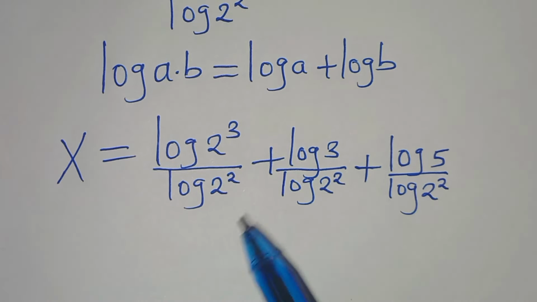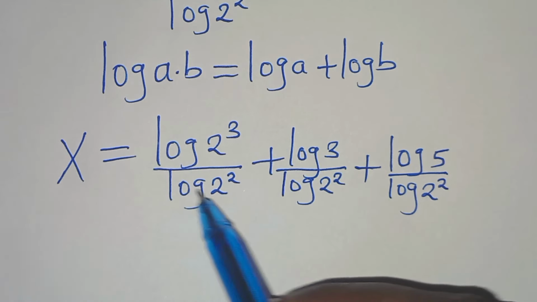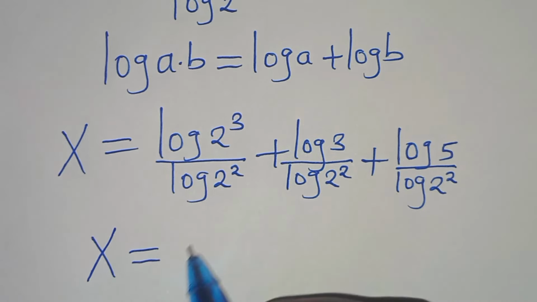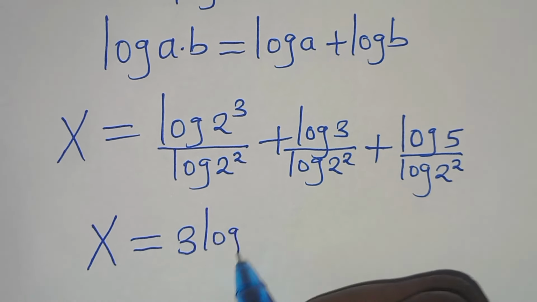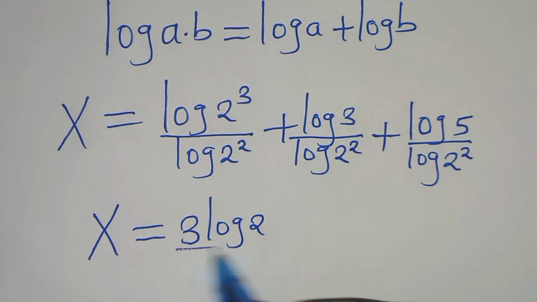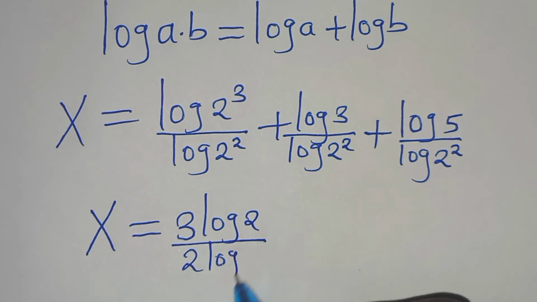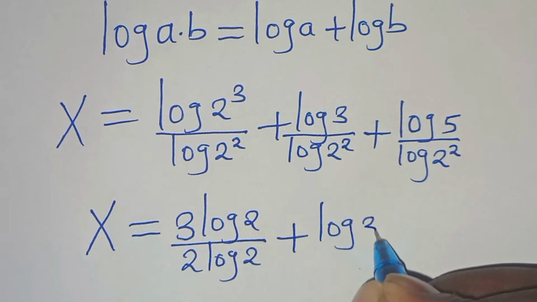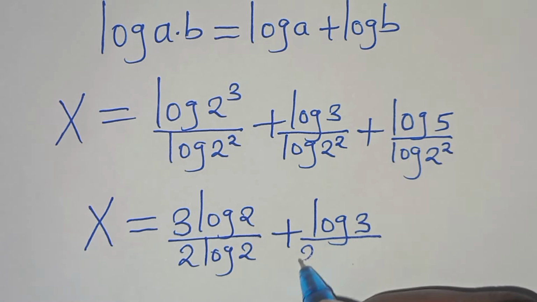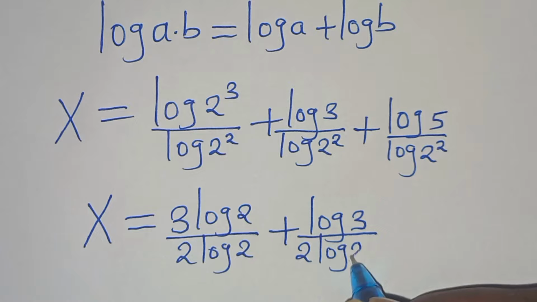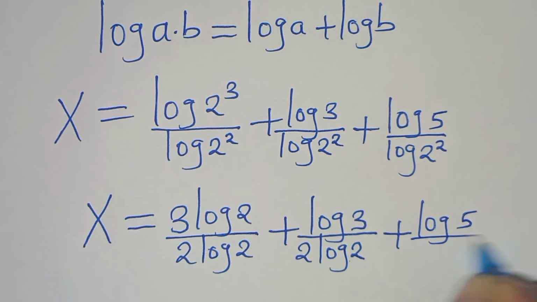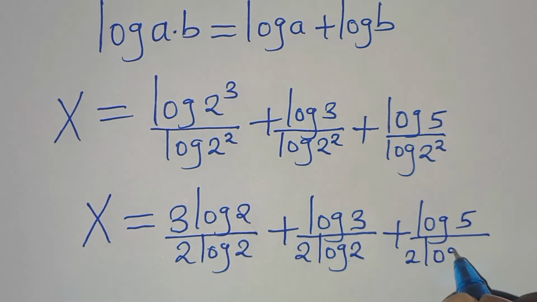The next step is to apply the power rule property here so that we have x is equal to log 2 to the power of 3 becomes 3 log 2 divided by 2 log 2, then plus log 3 divided by 2 log 2, then plus log 5 divided by 2 log 2.